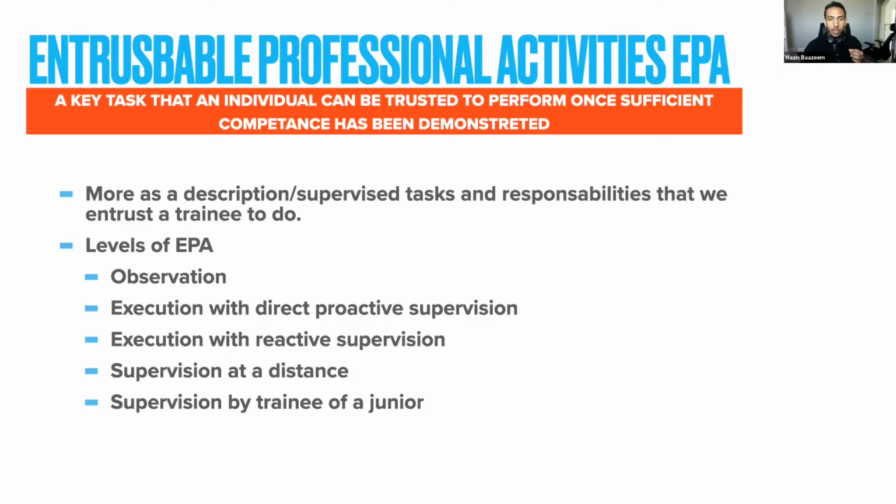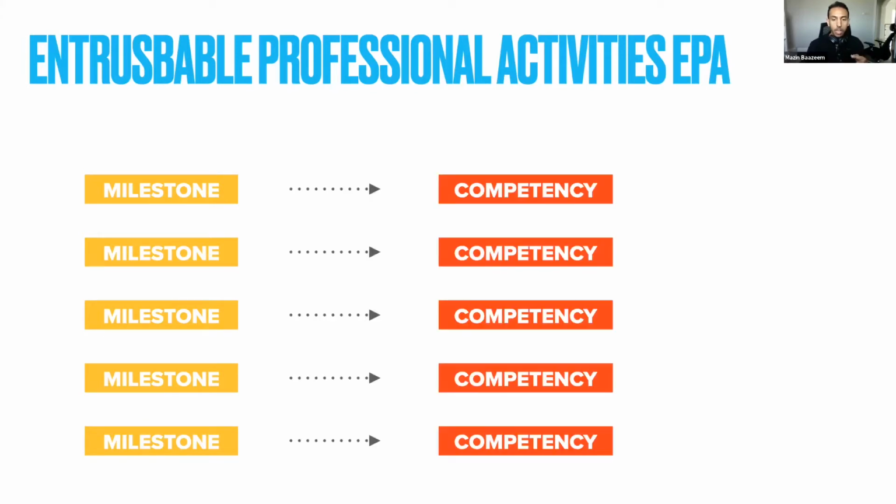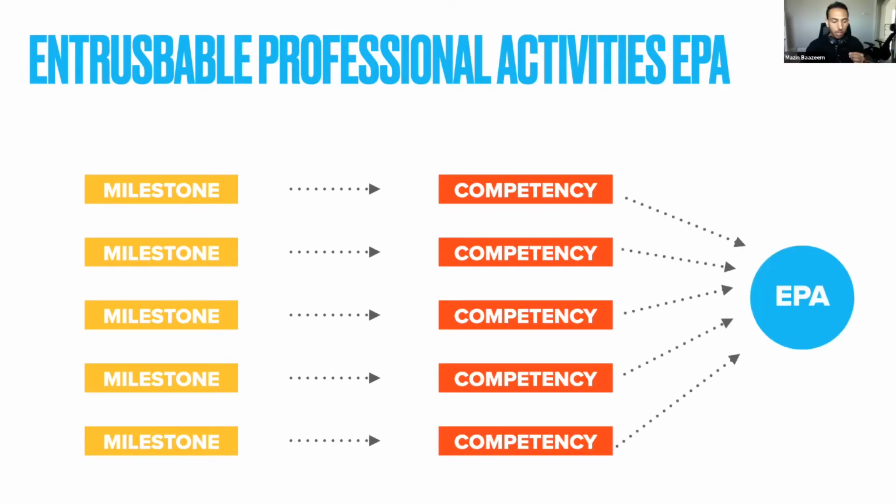So in other words, just to make it easier, each specialty or subspecialty will come with different milestones, and each milestone will give you an indication of competency, and the aggregation of all these competencies will give you an entrustable professional activity.